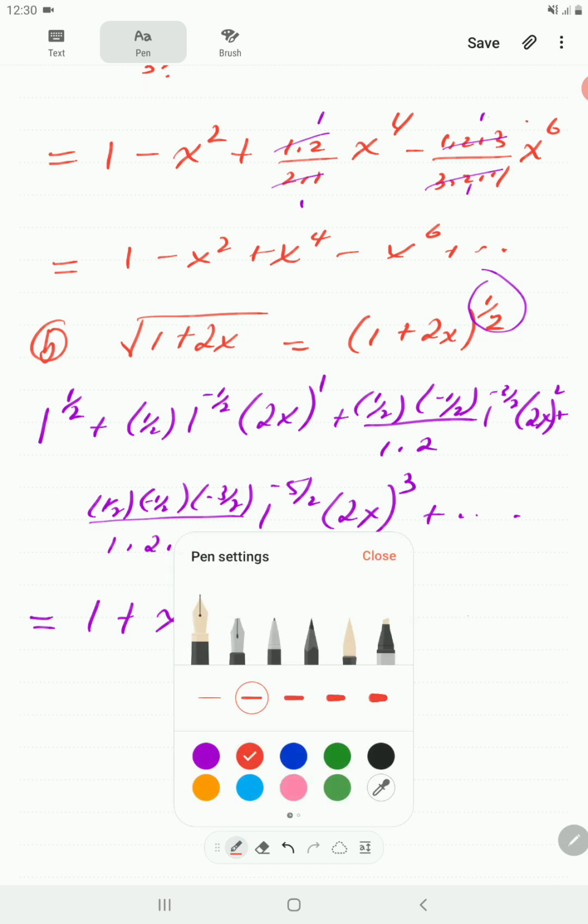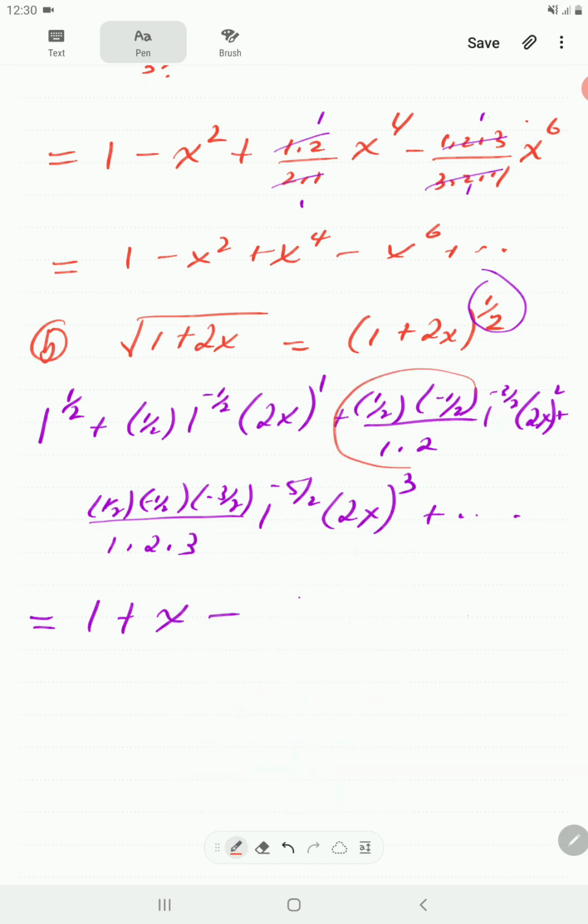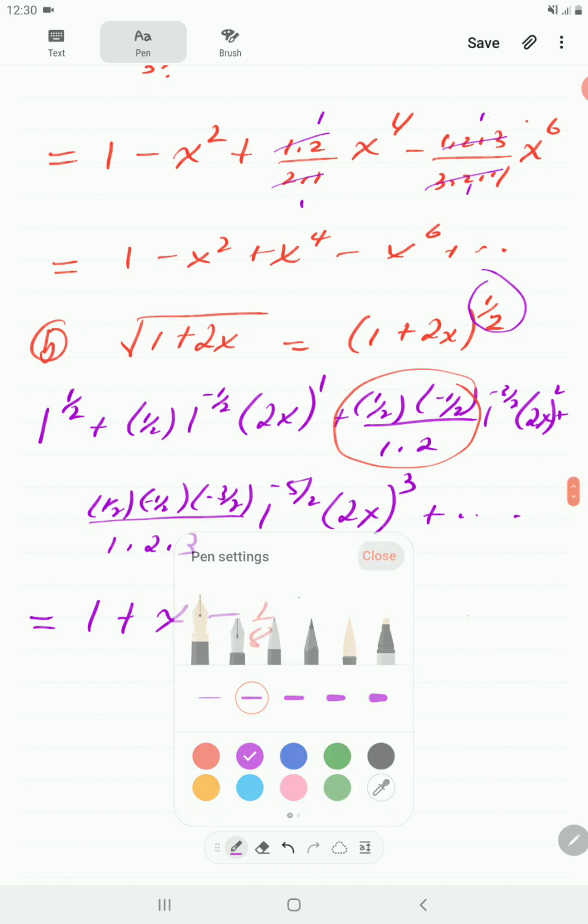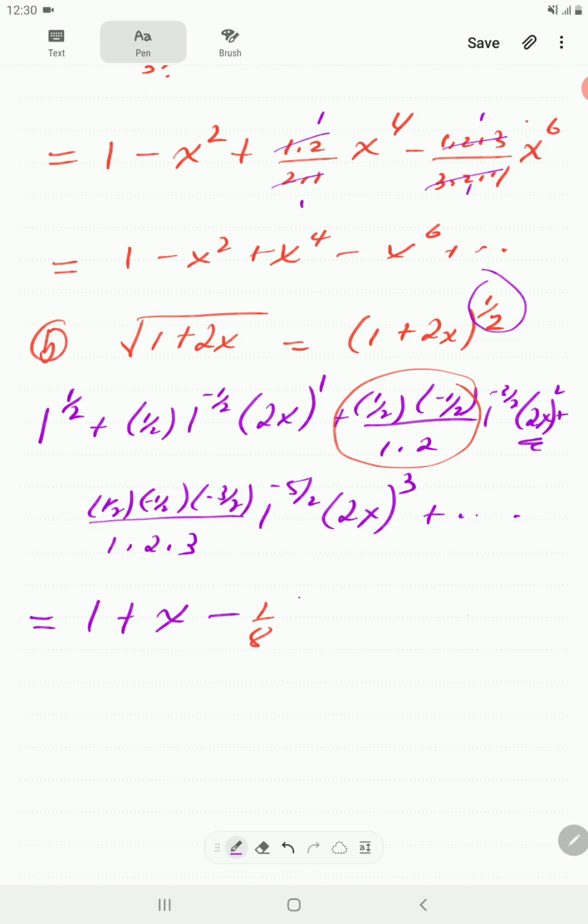This group of terms here is going to give us 1/8, whereas this one here is going to give us 4x squared. Okay, then the next term is going to be positive because we've got 2 negatives here.